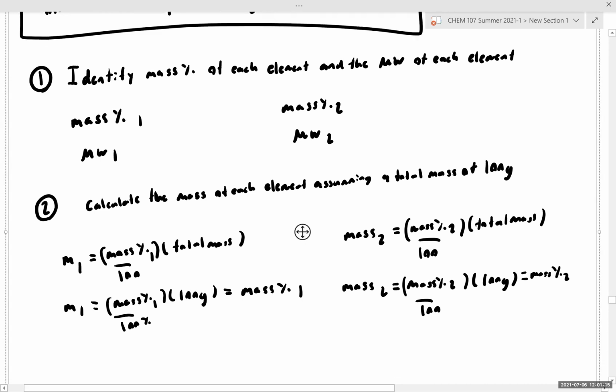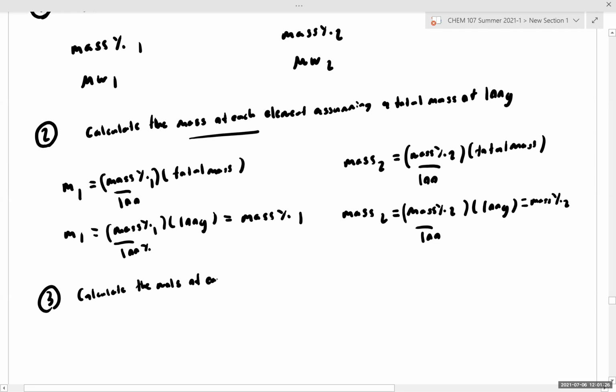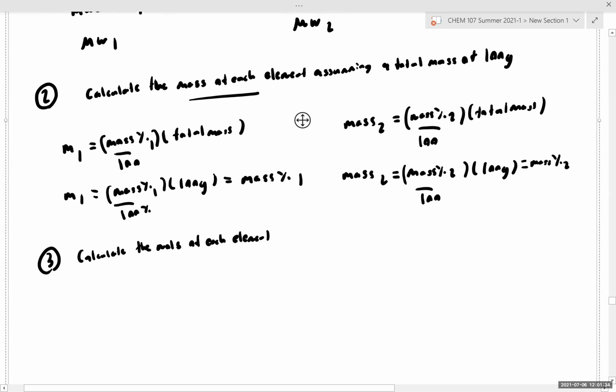Okay, so now that we have the mass of each element, we're next going to calculate the moles. So we can calculate the moles of each element using the mass and the molar mass, right? We can calculate the moles of element 1 by taking the mass of element 1 over the molar mass.